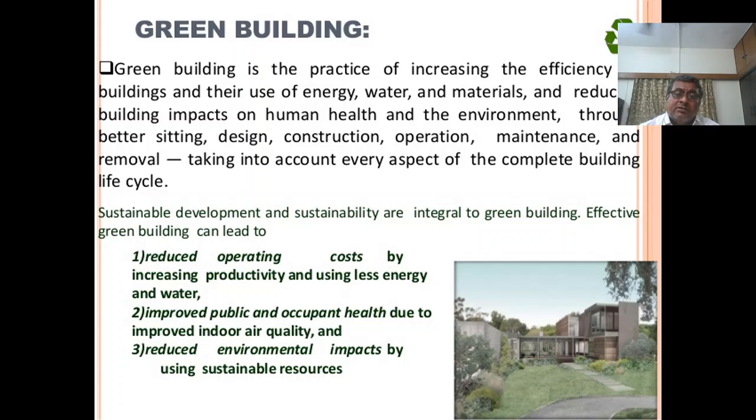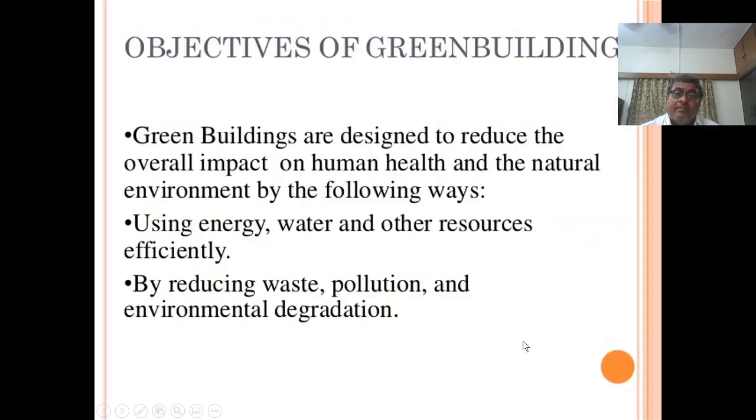Sustainable development and sustainability are integral to green building. Effective green building can lead to reduced operating costs by increasing productivity and using less energy and water, improved public and occupant health due to improved indoor air quality, and third, reduced environmental impacts by using sustainable resources. Here you can see one of the green buildings made out of sustainable materials.